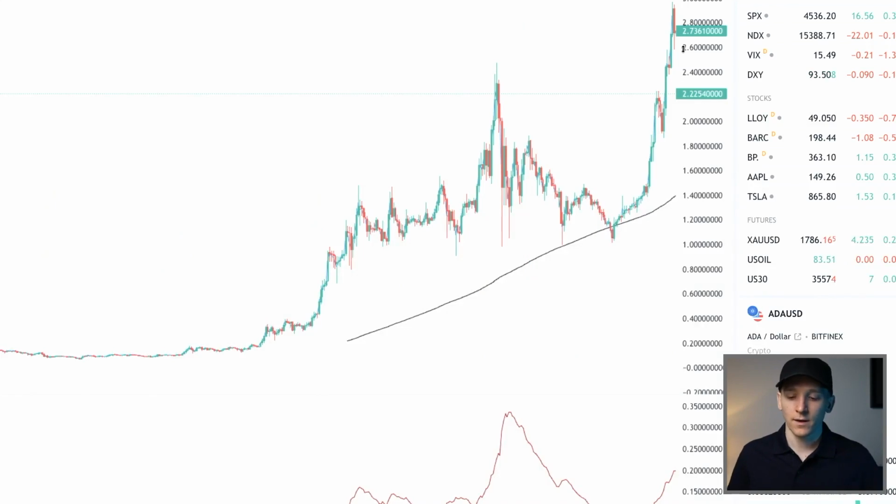So let's see what support and resistance actually look like on TradingView. We can very clearly see there is a support level here, and it just happens to be around $1 for ADA. And you can see that many times when there have been intraday sell-offs, big bits of news that have created sell-offs, we can see a real strong level of support around this level.